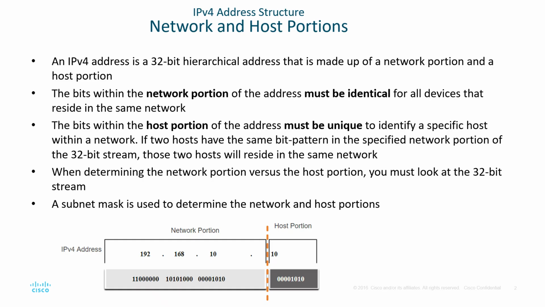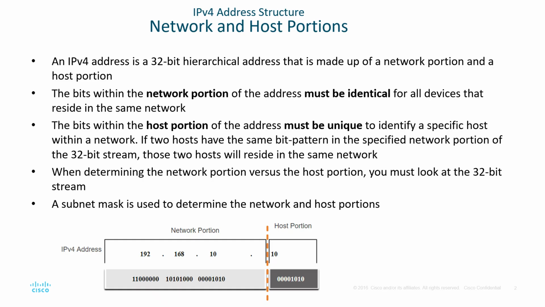Now, the bits within the host portion of the address must be unique to identify a specific host within a network. If two hosts have the same bit pattern in the specified network portion of that 32-bit stream, then those two hosts will reside in the same network.